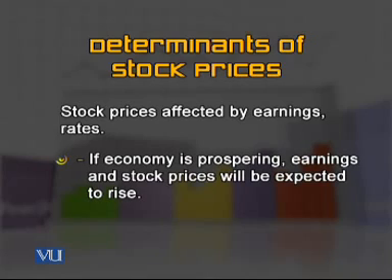But if the economy is prospering, earnings and stock prices will be expected to rise. Remember, we said the capital market is reflective of the economy. If we have a healthy economy, we'll have a healthy market. If we have a healthy market, we'll have healthy stock prices.